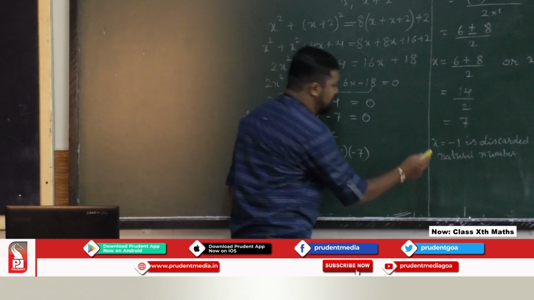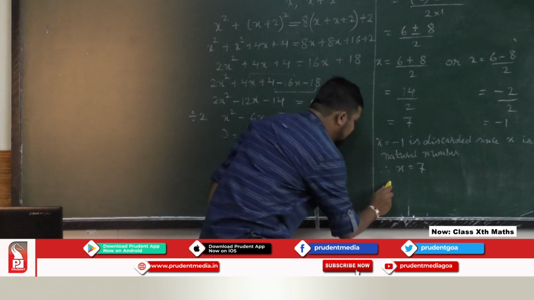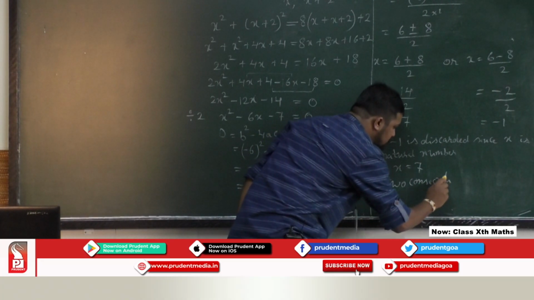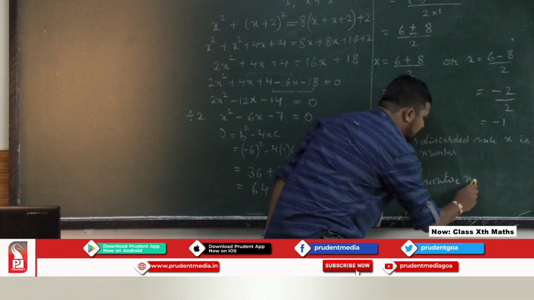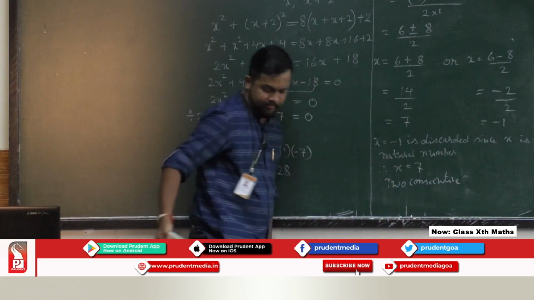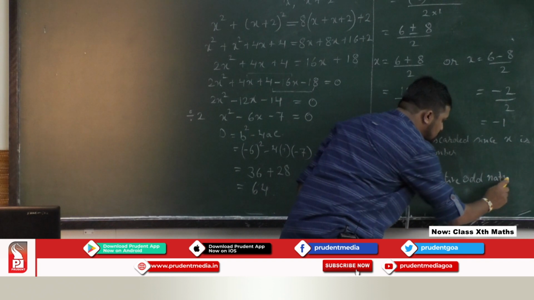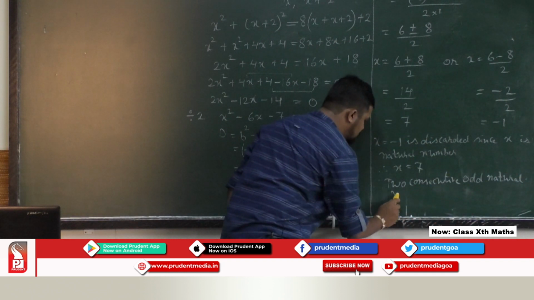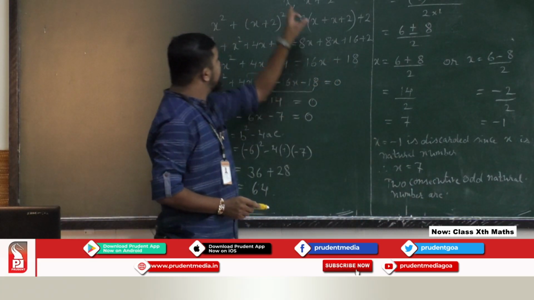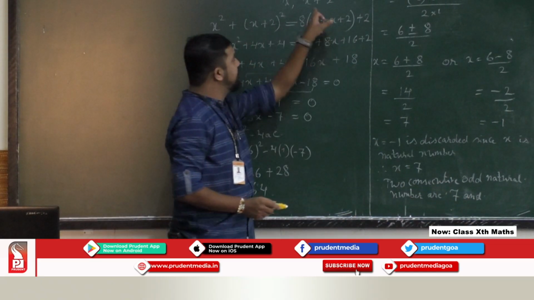So therefore x equals 7, and therefore the two consecutive odd natural numbers are: first is 7, so x is 7, and 7 plus 2, 9.